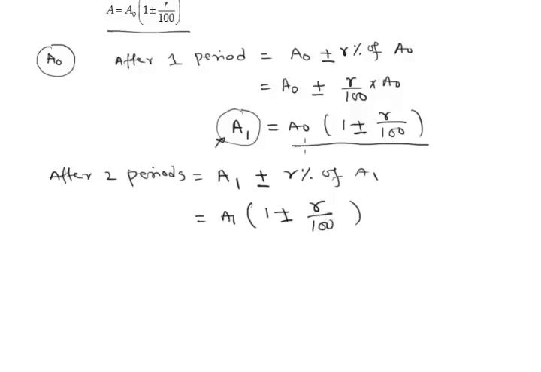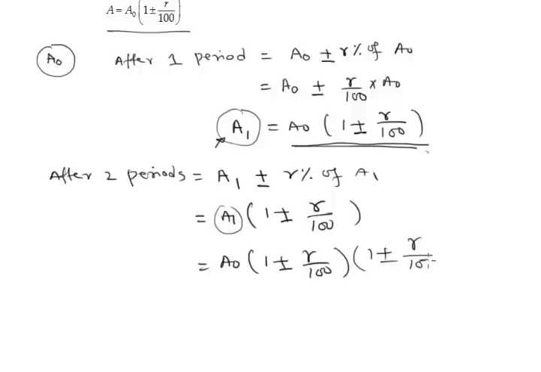Now if we replace A1 with its value, we will get A0 times 1 plus or minus R divided by 100, and again 1 plus or minus R divided by 100.